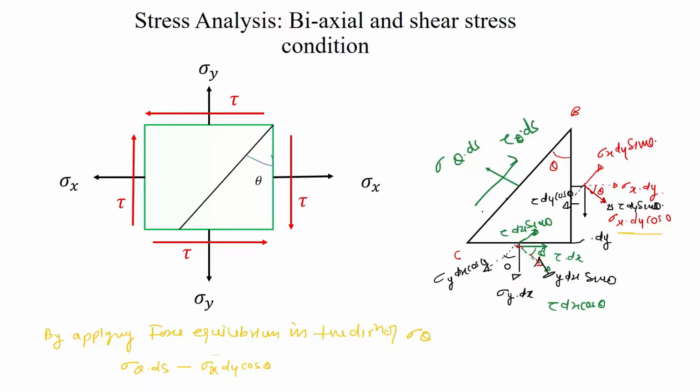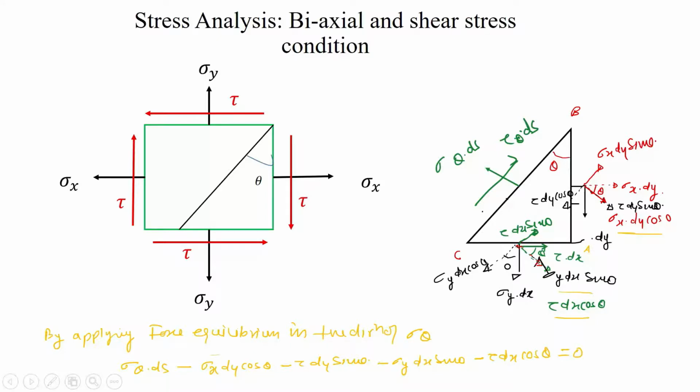Second, this is the component of tangential force on the AB plane, so minus tau dy sin theta, and the two other components are sigma y dx sin theta and tau dx cos theta, so minus sigma y dx sin theta minus tau dx cos theta. So these are the forces acting in the direction of sigma theta, and the sum is equal to 0.